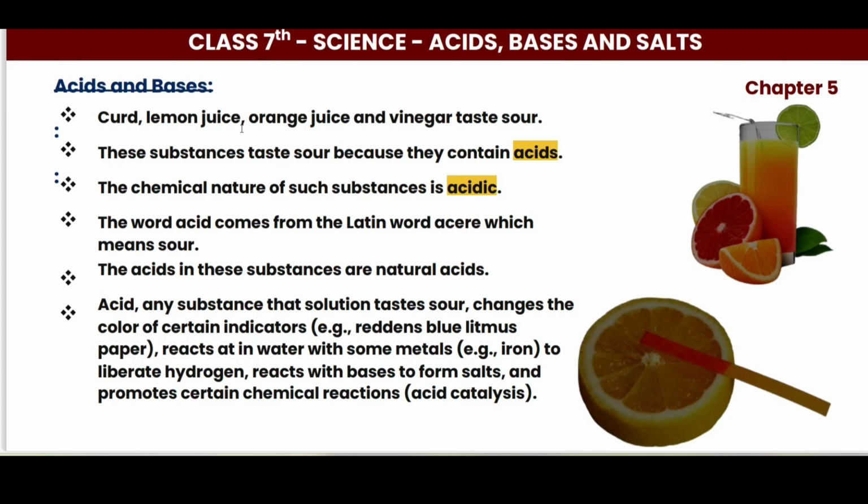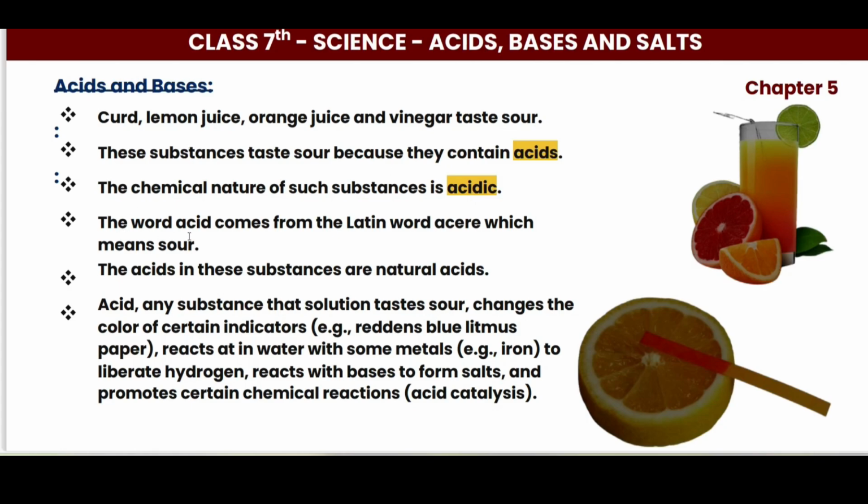These substances taste sour because they contain acids. When we see that the substances are sour, we conclude that they contain acids. उनमें acids होता है. The chemical nature of such substances is acidic, and we say the nature is acidic.